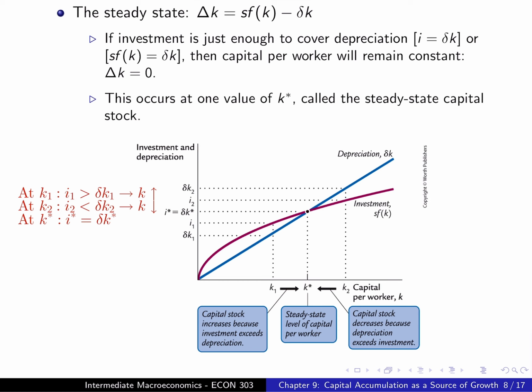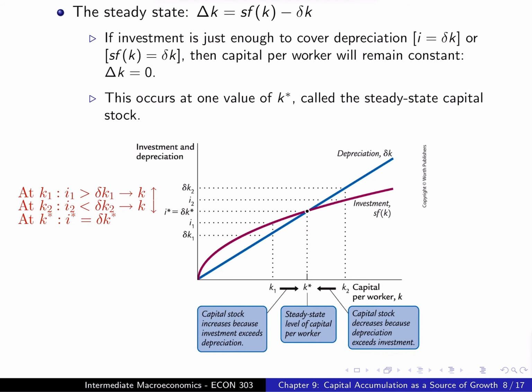In the graph, we plot both s f(k), the investment curve, and δk, the depreciation line, as functions of k. The steady state occurs where the two curves intersect. At this point, investment equals depreciation. If k1 is below k*, then i1 is greater than δk1, so capital accumulates and k rises.